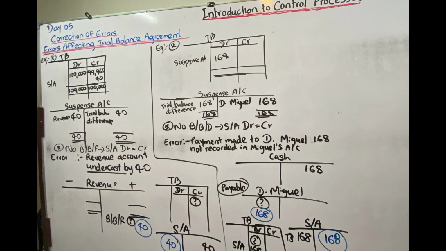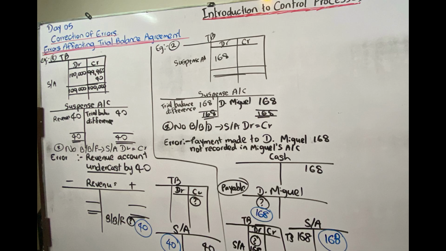Payment made to D Mitchell, 168, not recorded in Mitchell's account.